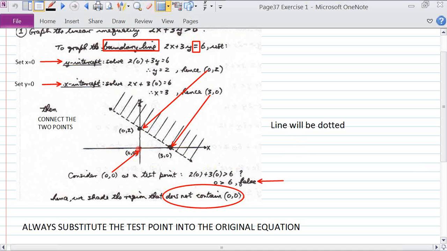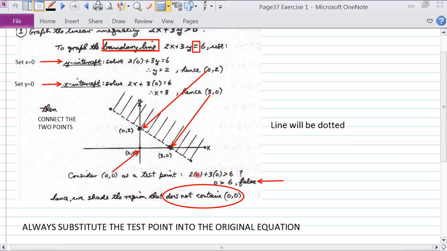So you can see here that (0, 0) is very clearly on one side of the line, and it's always easier to work with (0, 0), because the arithmetic involving it is much simpler. So we're going to put (0, 0) into the inequality 2x plus 3y greater than 6 and ask ourselves, is that true if we use (0, 0)?